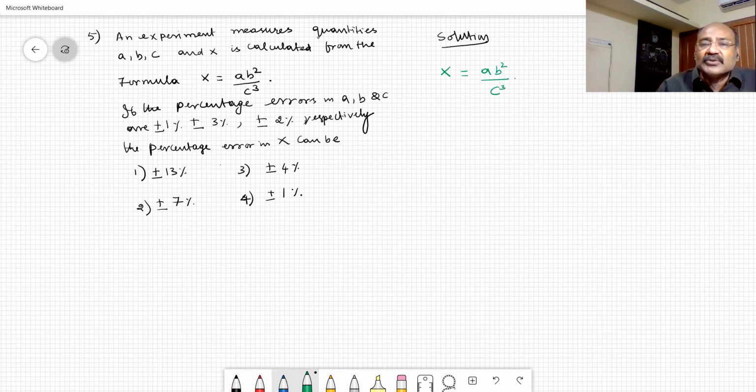So how can I get the value for percentage error? The percentage error is delta X divided by X into 100%. That is what is asked.